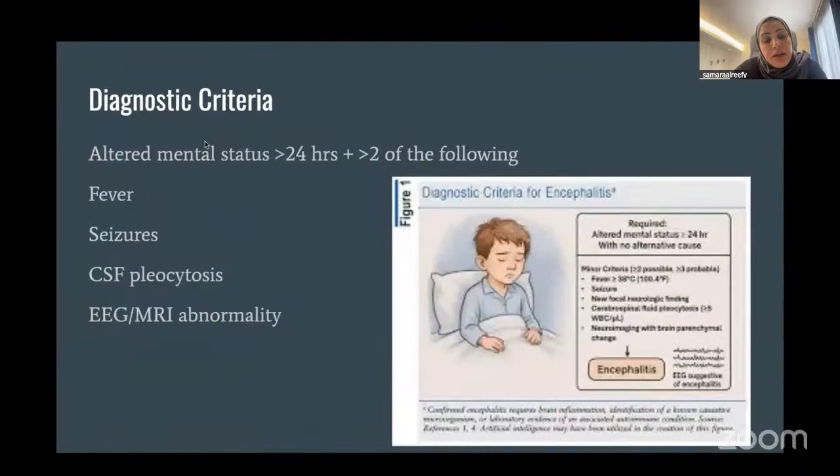The main diagnostic criteria for viral encephalitis include altered mental status for more than 24 hours, plus two or more of the minor criteria, which are fever, seizures, CSF pleocytosis, and EEG or MRI changes. I think the picture is not very clear, but this is the major criterion.